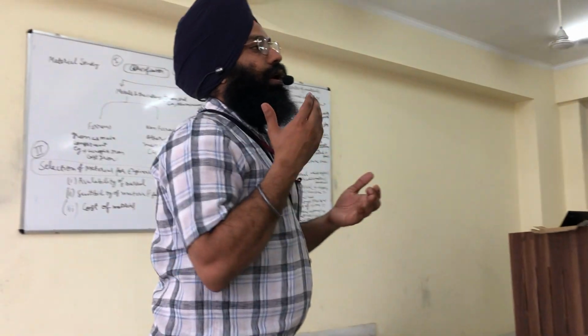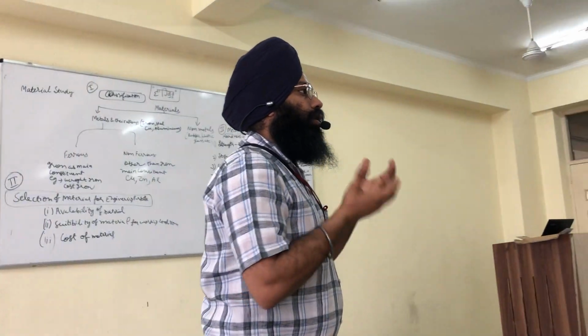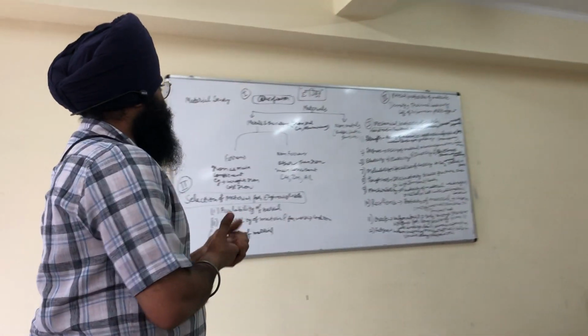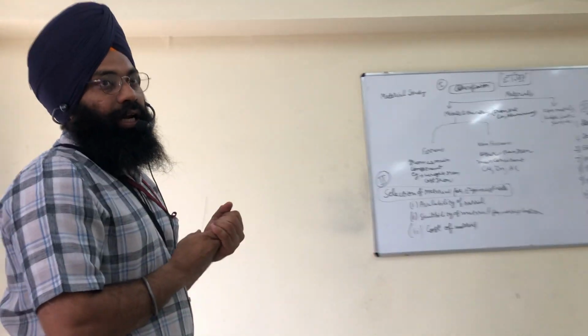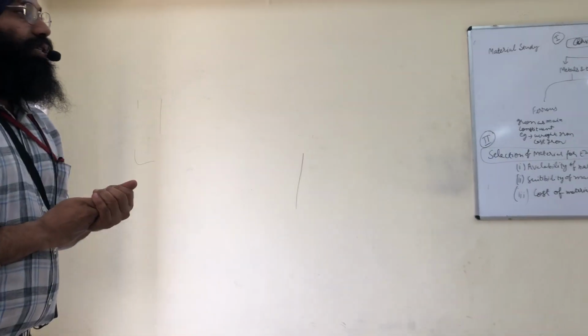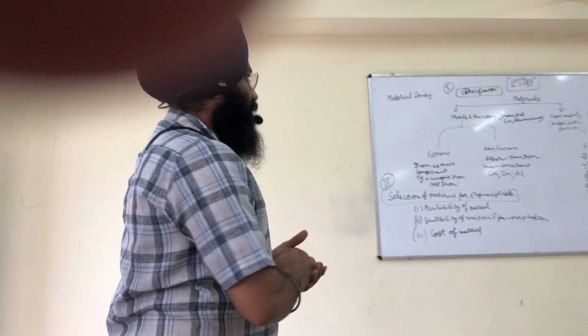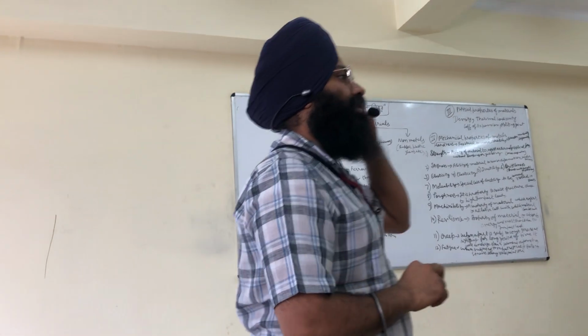So strength is basically when the material does not allow deformation to be caused. At that time we can say the ability of the material to resist externally applied forces without breaking or yielding is the strength.